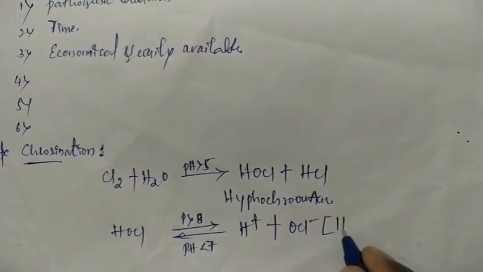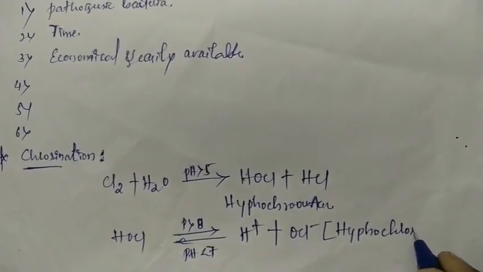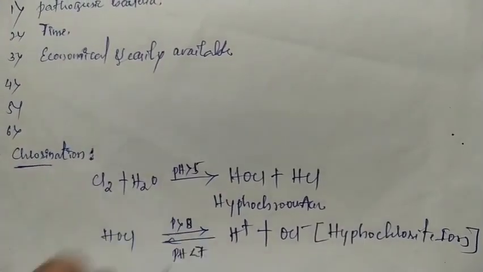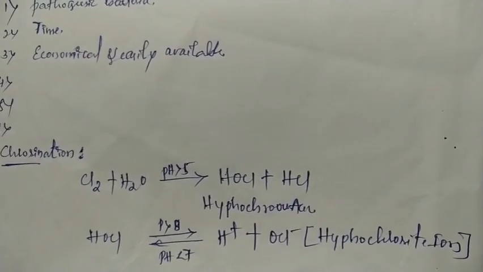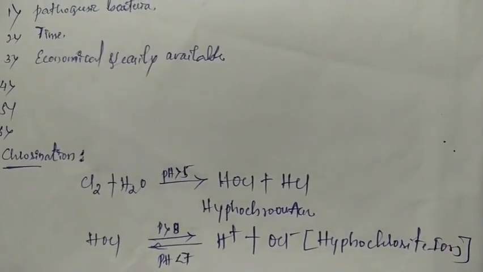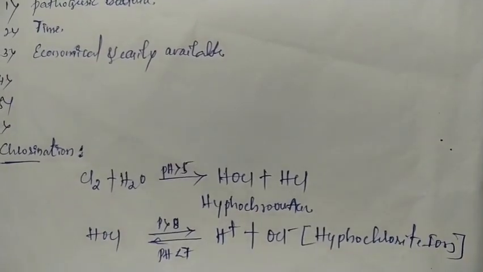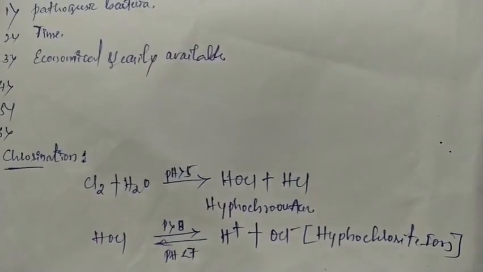This is called the hypochlorite ion. These types of reactions take place when you add chlorine to the water to kill the pathogenic bacteria present in the water sample. So this is chlorination.